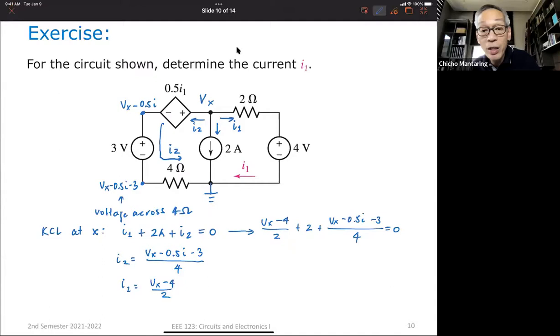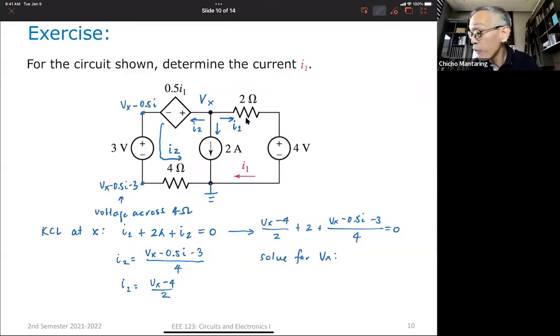So one equation, just one unknown. So all you have to do now is solve for Vx. And you're going to get the answer that was provided by Albert.